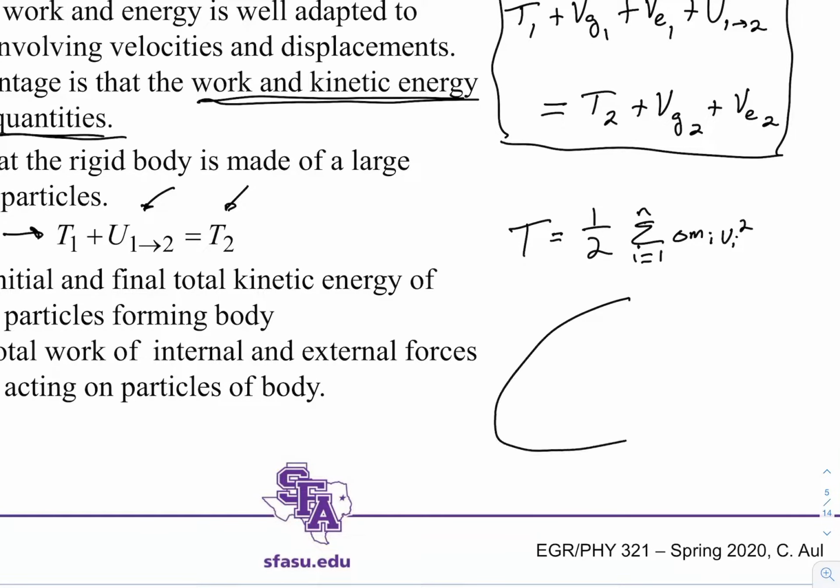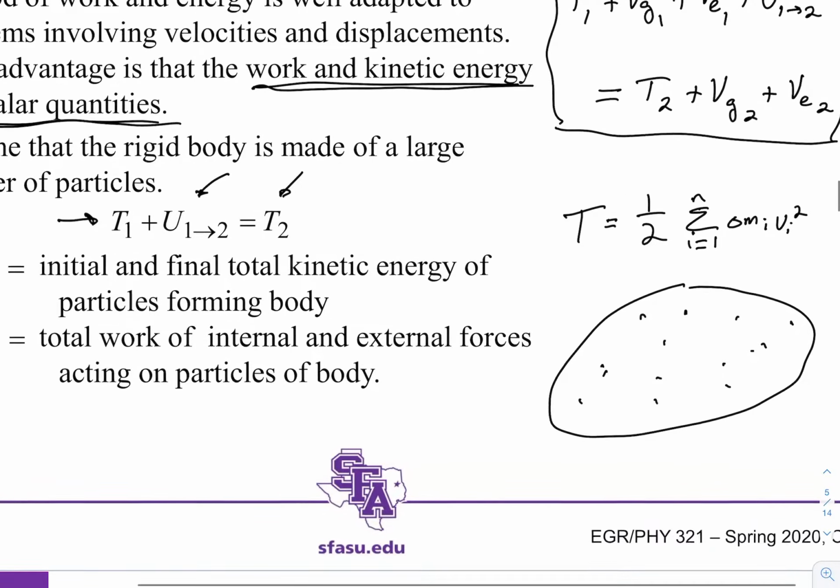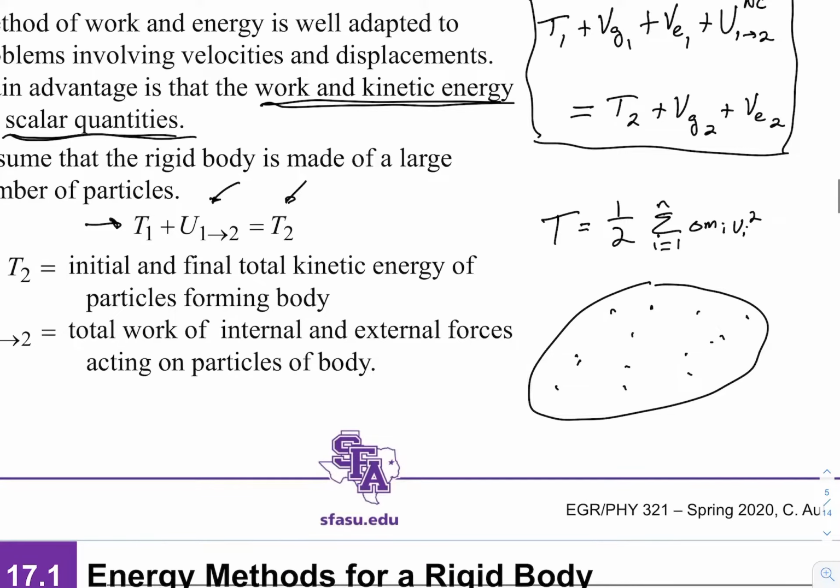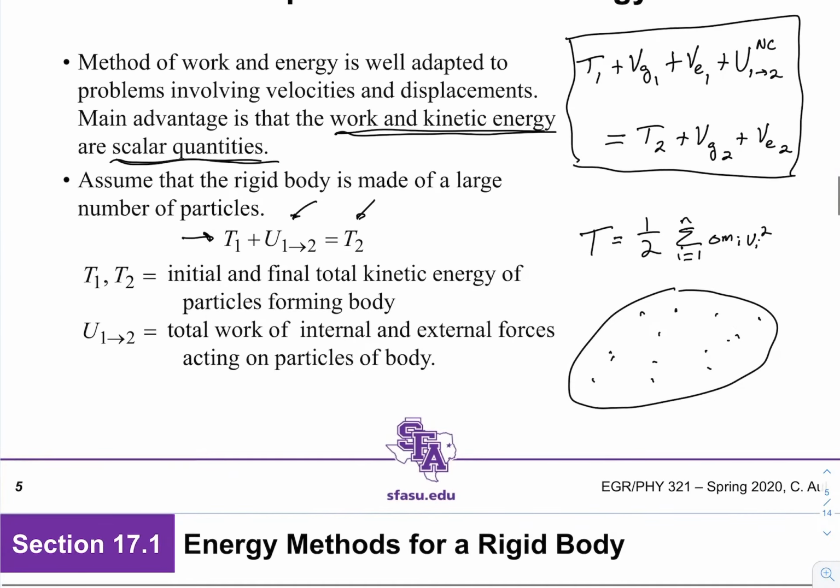That's equal to the summation of each little piece of mass multiplied by its velocity squared. So we're summing up the kinetic energies of all these particles, but a rigid body can be assumed to be multiple particles working between each other.